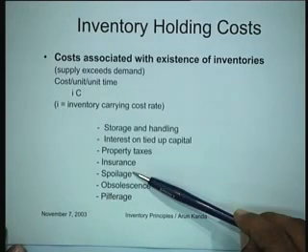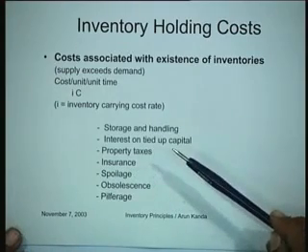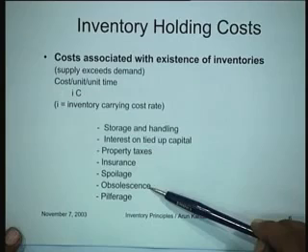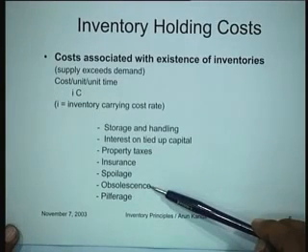You see, if you stock items in a store, then on the average, if you stock 100 items, whatever they are, some would get spoiled as you go. So that spoilage cost is also a part of holding. Obsolescence cost is also a part of inventory holding cost.